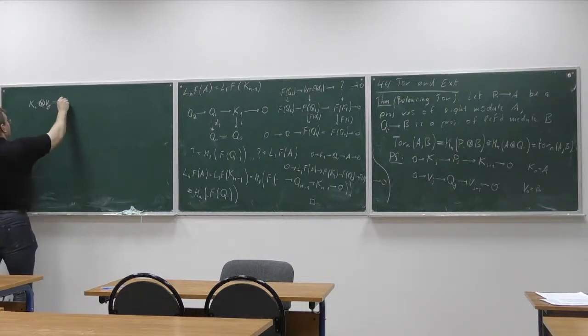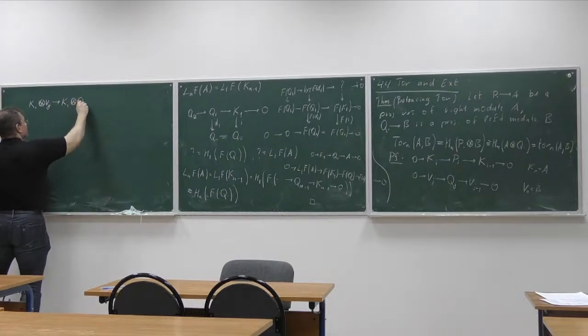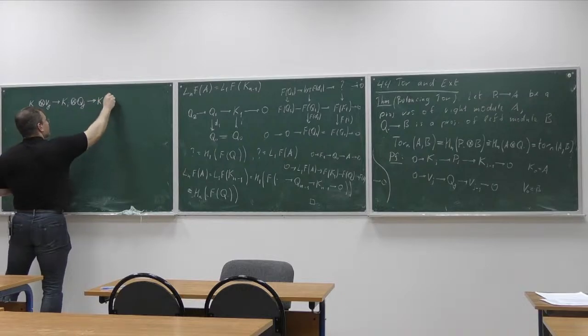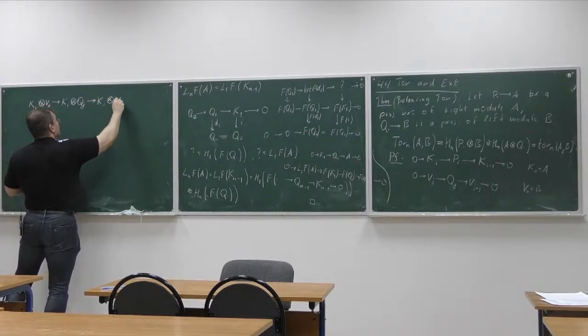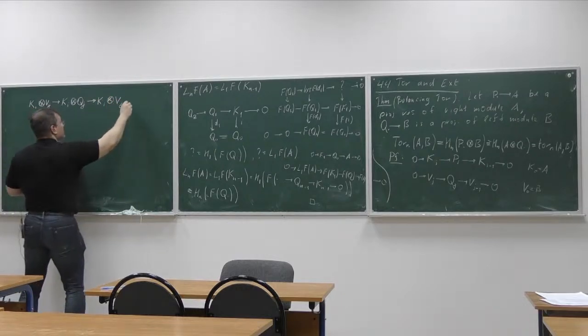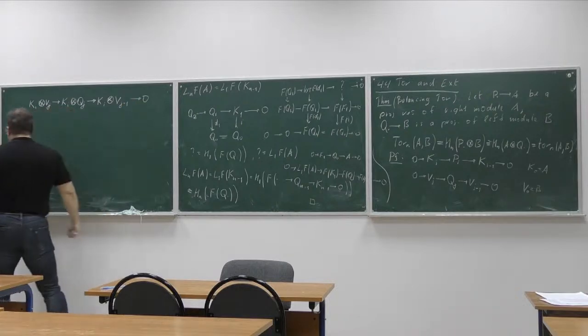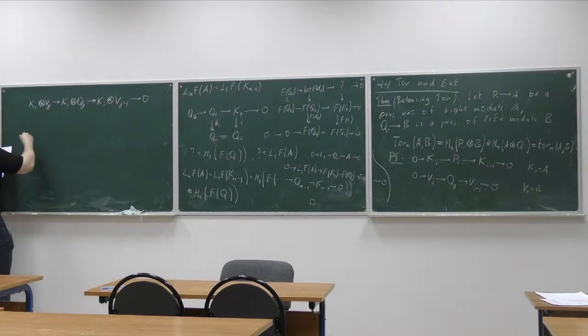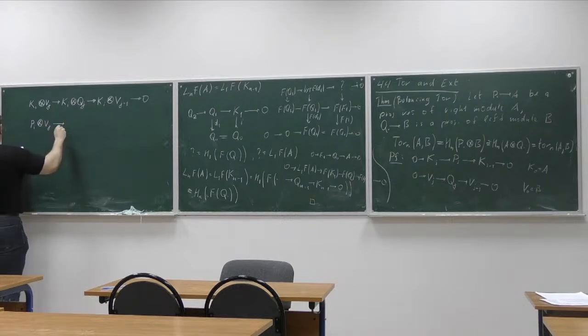So this is mapped to the Ki tensor product with the Qj, then Ki tensor product with Vj minus 1, so this is 0. So the second row is Pi tensor with Vj.